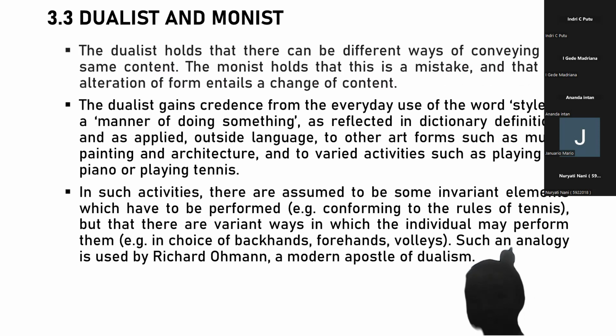So here, the dualists hold the same content, while the monists hold that any alteration of form entails a change of content. Dualists specifically project only the same content, meanwhile the monist only focuses on the alteration of form entailing a change of content. The same content for dualists and the alteration of content for monists.